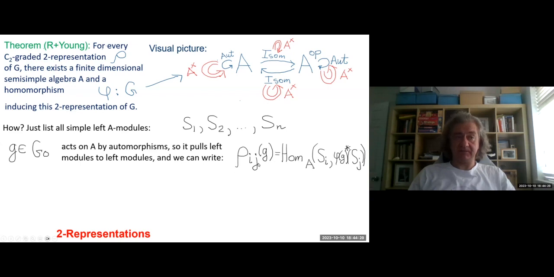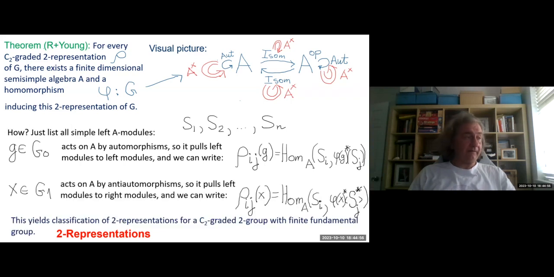And then the matrix of vector spaces, which corresponds to an even element g, consists of all homomorphisms from Si to the pullback of Sj under phi. That's the first formula. And then if you have an odd element, it acts on A by anti-automorphism.